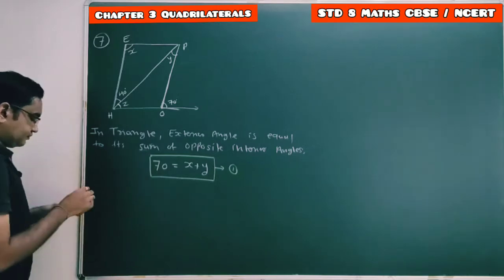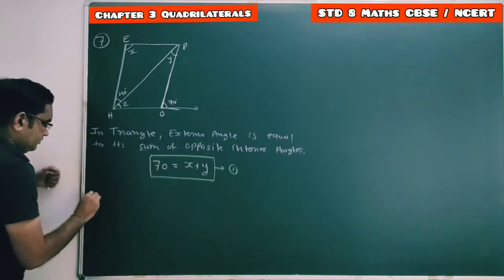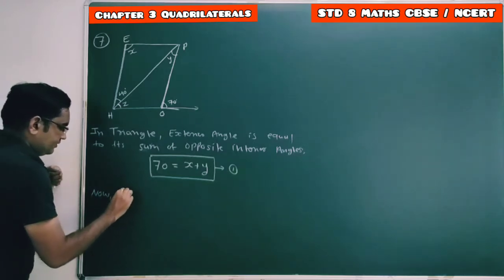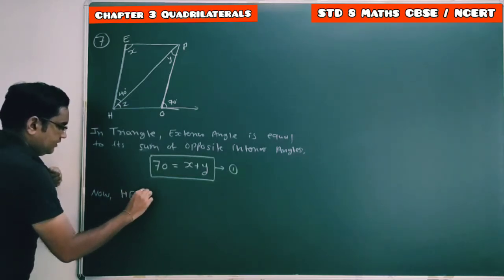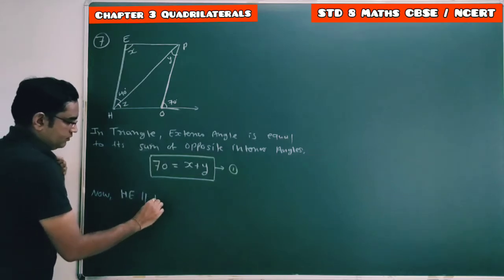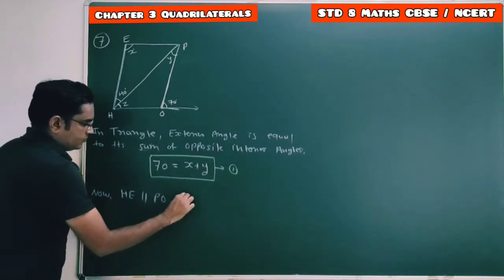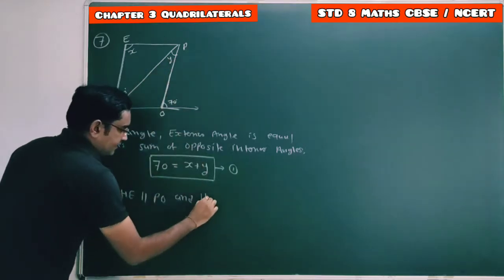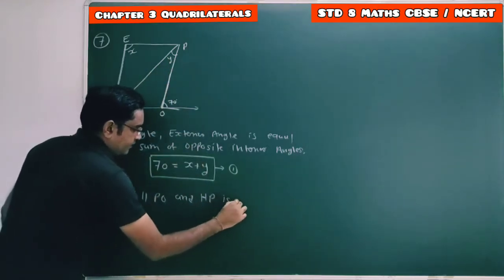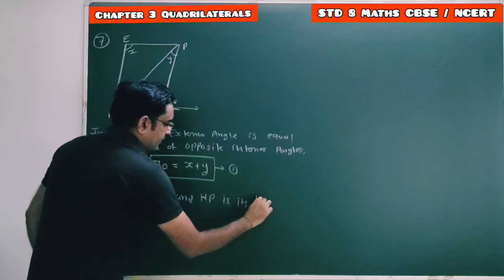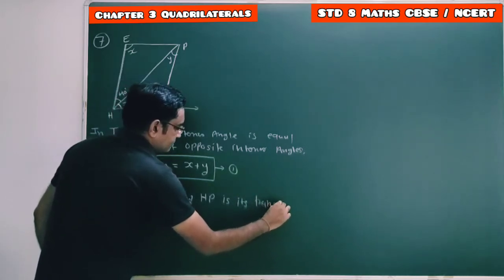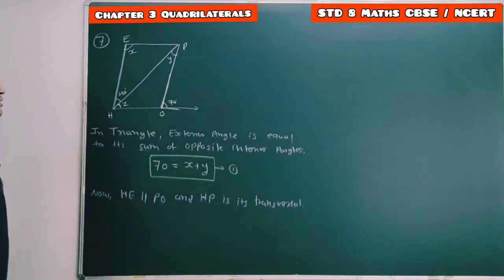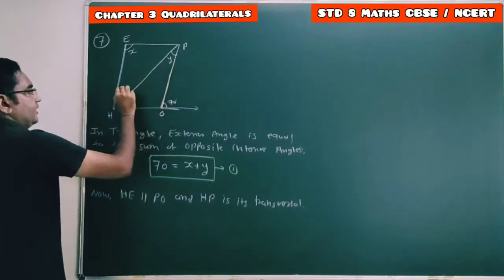So now we can say HE is parallel to PO, and this line HP is its transversal. HP is its transversal.